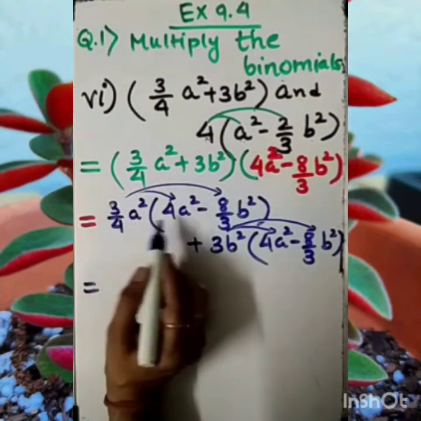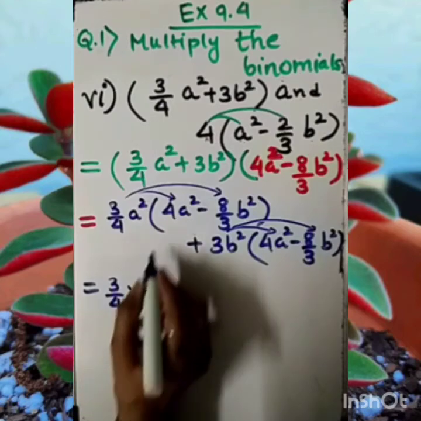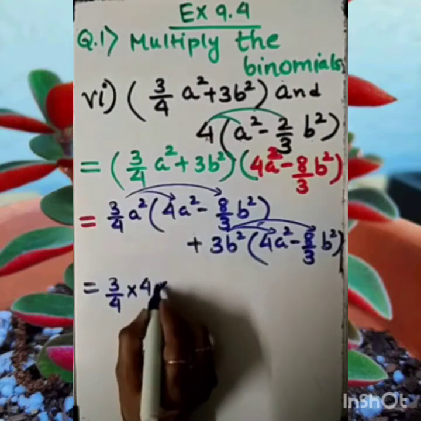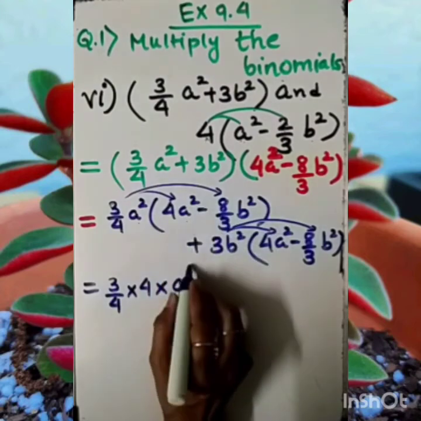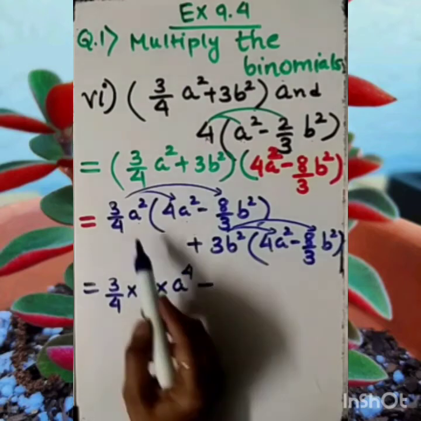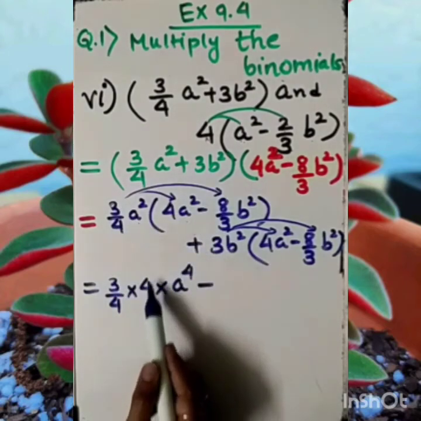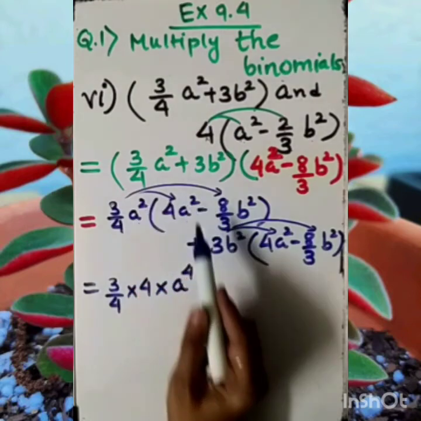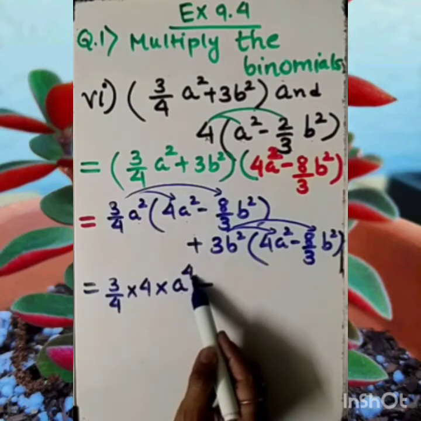3 by 4 into 4. Let's note down: 3 by 4 into 4, into a square into a square. It gives the result a to the power 4. I am explaining this step again. 3 by 4 we are first multiplying with 4, and a square will be multiplied with this a square, so it gives the result a to the power 4.